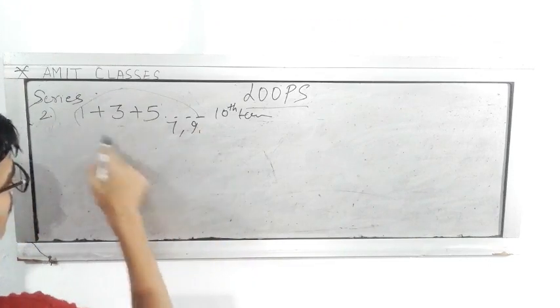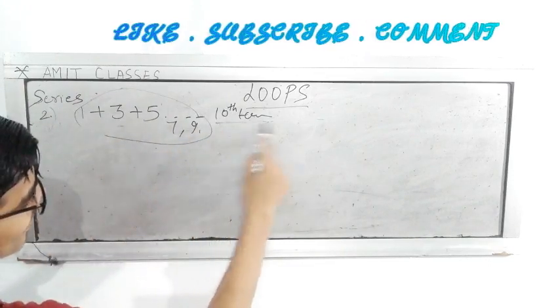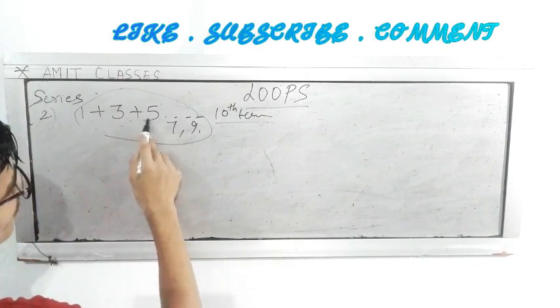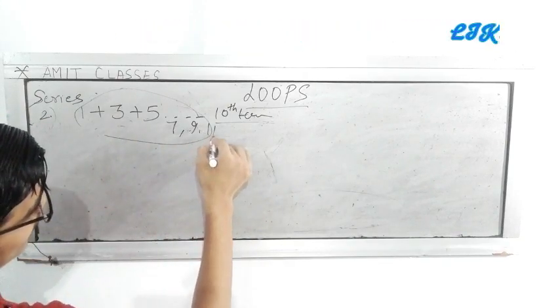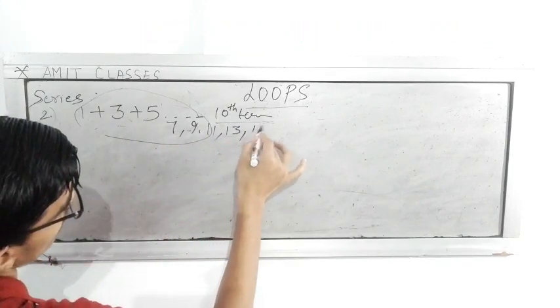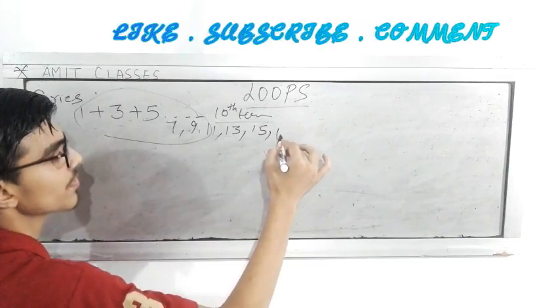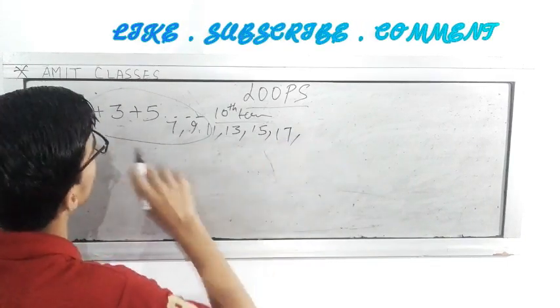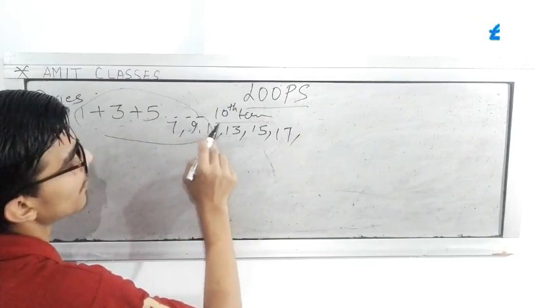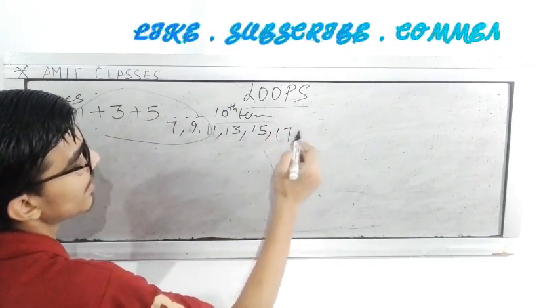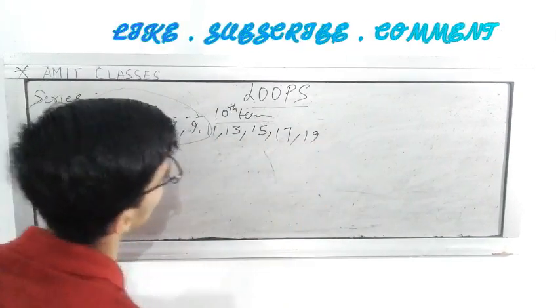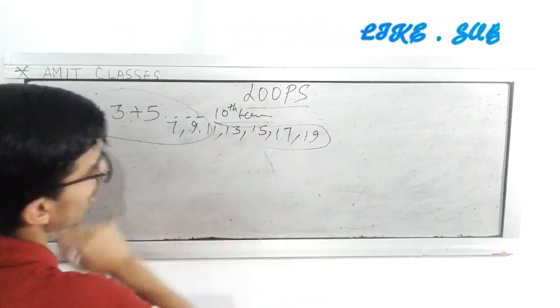But it is their 10th term. So 1, 3, 5, 7, 9, 11, 13, 15, 17 and 19. It will print the sum of all this.